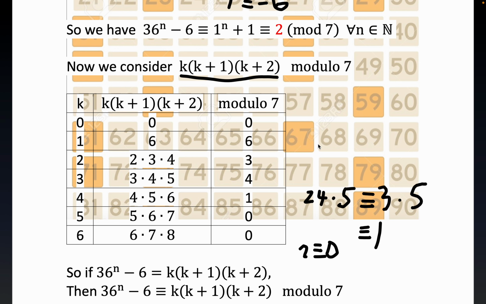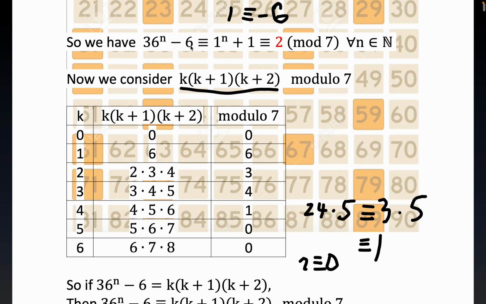So what's the takeaway here, folks? Well, we know that this piece right here is always congruent to 2 modulo 7, but we do know from this tabular format that k times k plus 1 times k plus 2 is never congruent to 2.